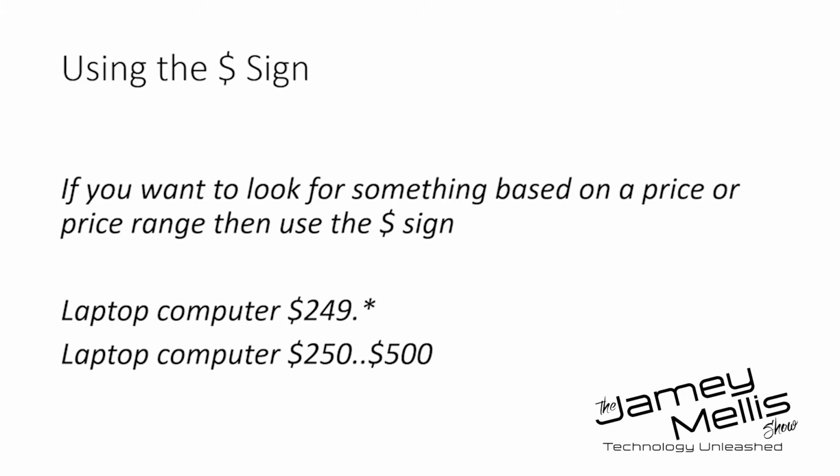All right, next item. All right, this is an interesting one. Got to get this one right, because if you don't do this just right, it's not going to work. If you want to look for something based on a price or price range, we can use a dollar sign.